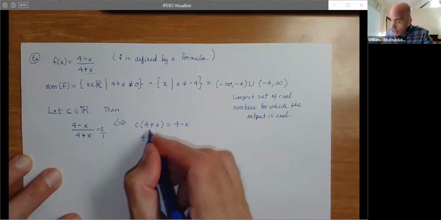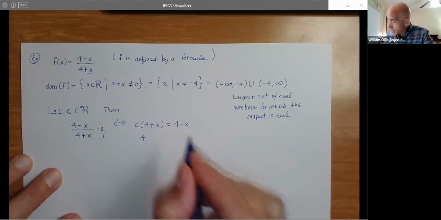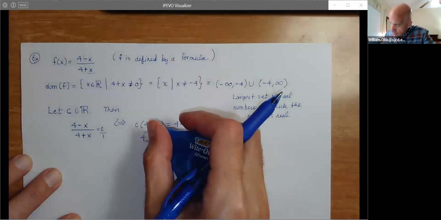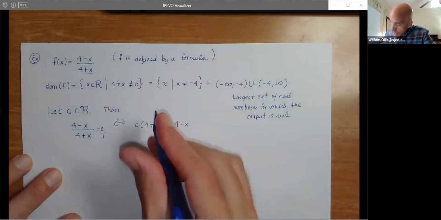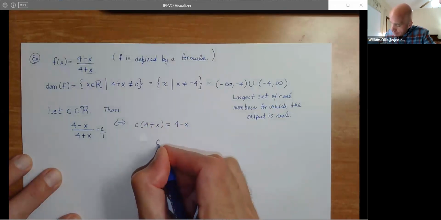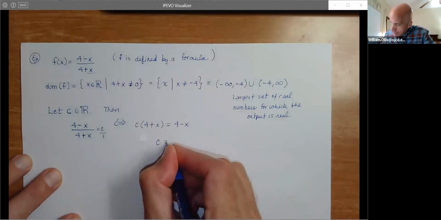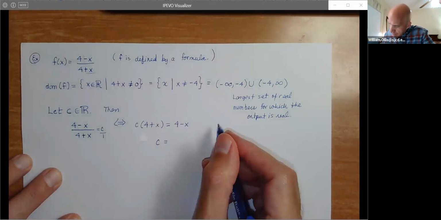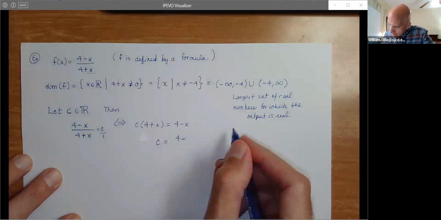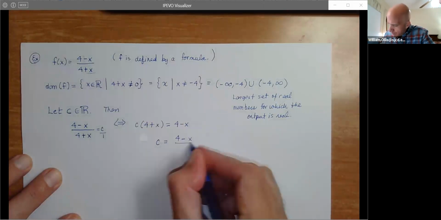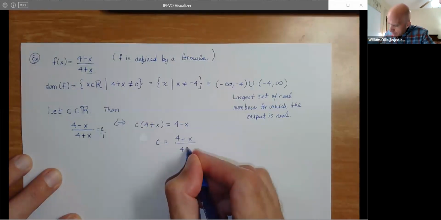We'll actually solve for C. And I didn't multiply everything out, which is good. So now C equals 4 minus X over 4 plus X.